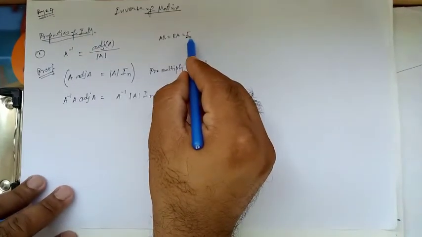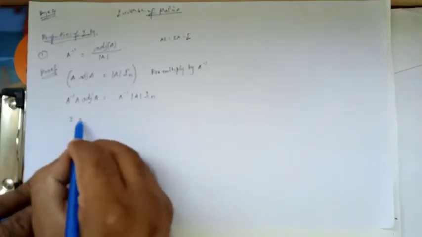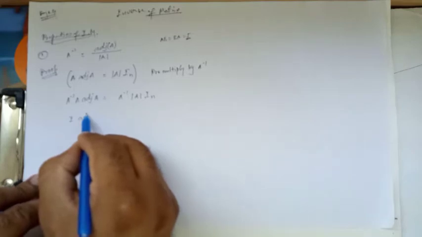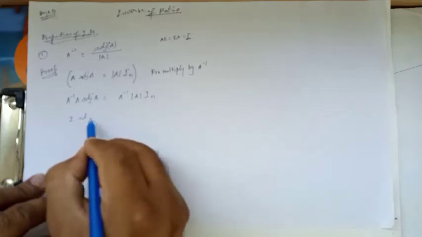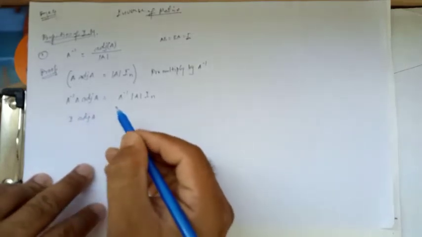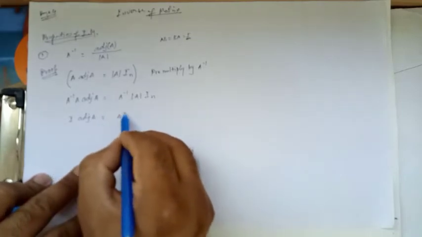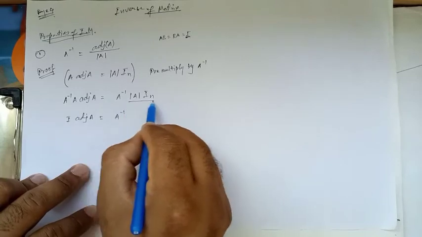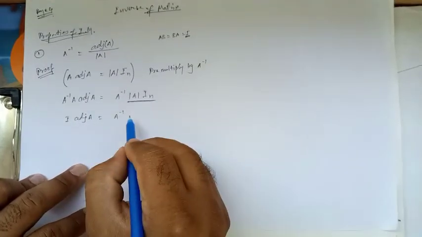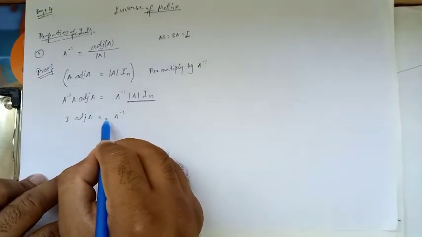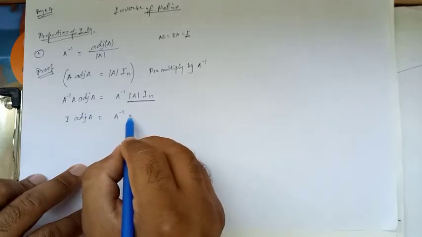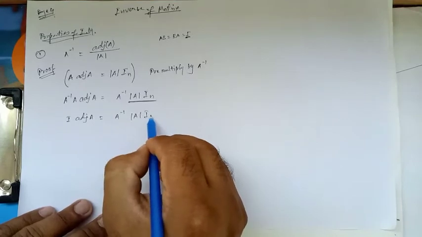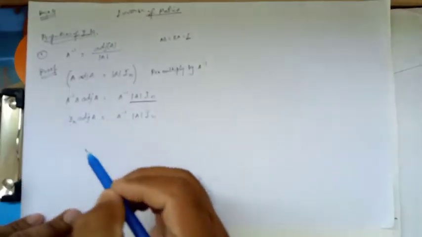So definitely we will get I over here. So I adjoint A equal to A inverse, and this is a scalar quantity, so we can write here also. I am writing here only, and this is In. Obviously this is also In.